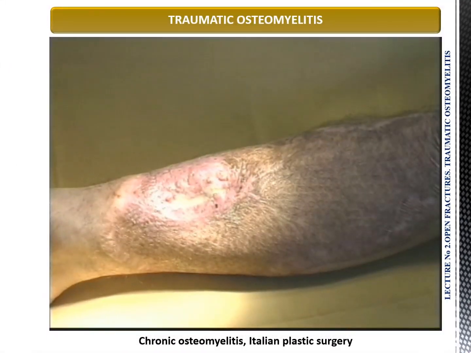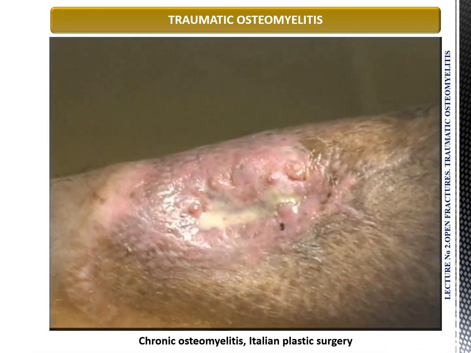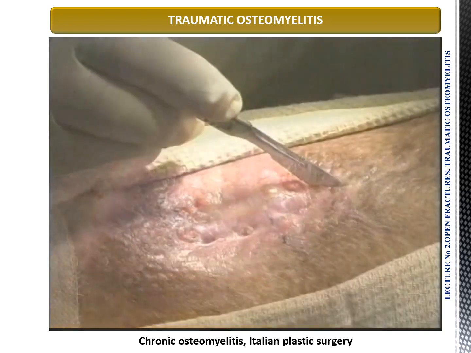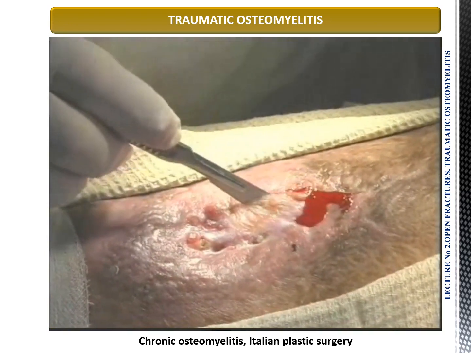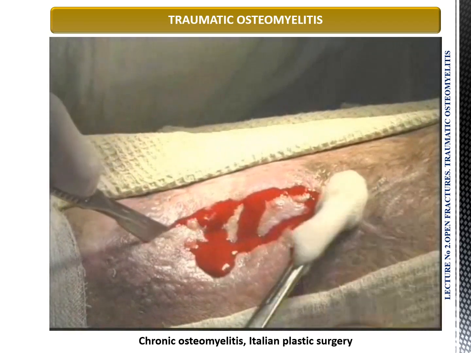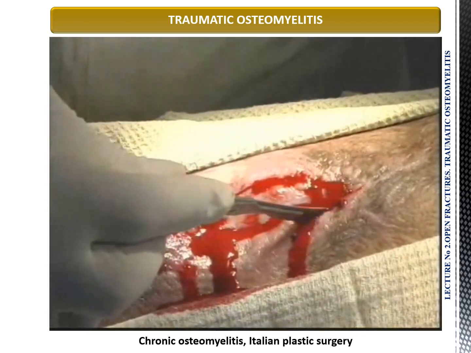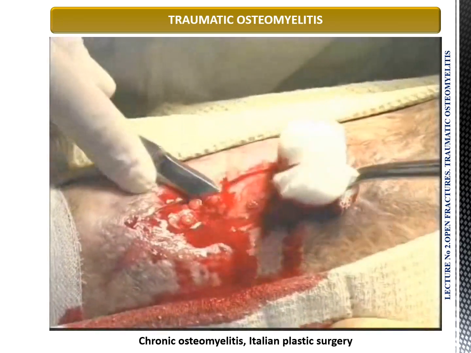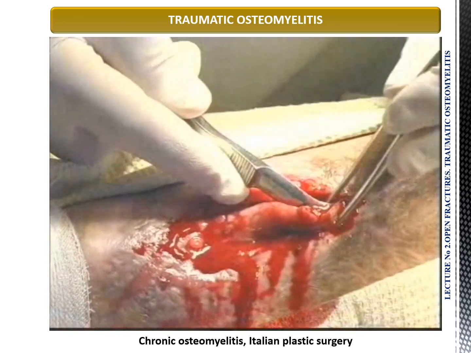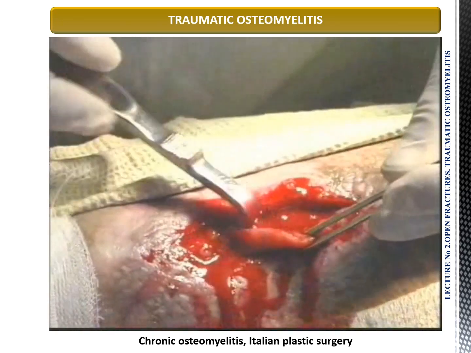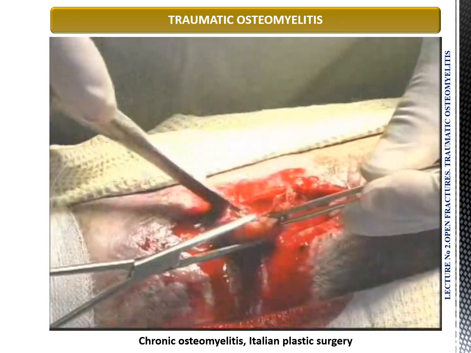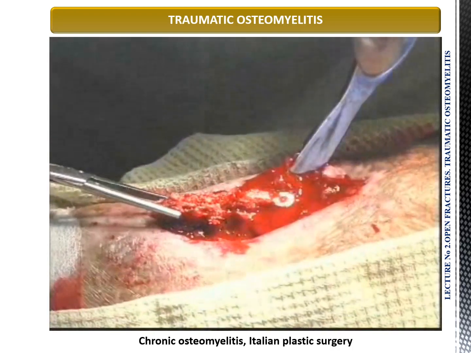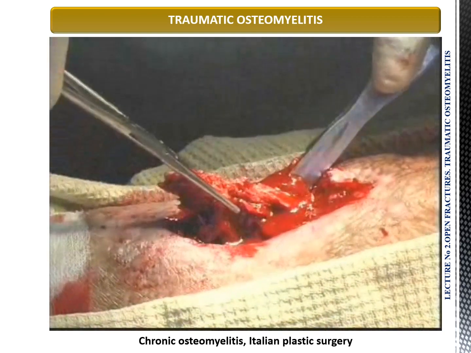Chronic osteomyelitis of the tibia. Sequestration in the non-muscular lower half of the lower leg. Surgical treatment is indicated. Italian plastic surgery. To access the bone, we excise scar-altered tissues. We perform sequestrectomy.